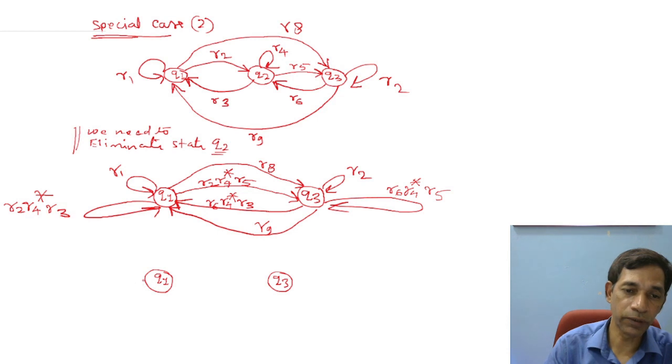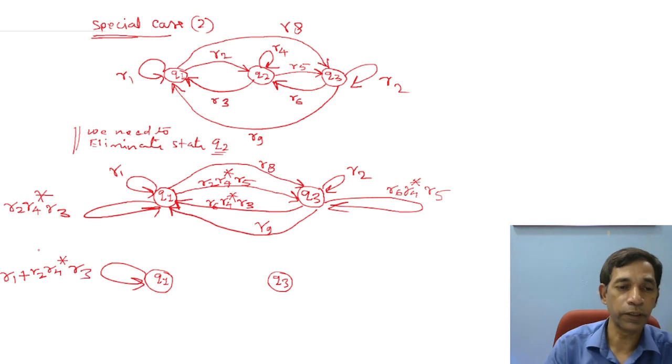So you can combine them, and this will become one loop for the regular expression R1 plus R2 R4 Kleene star R3. Okay.